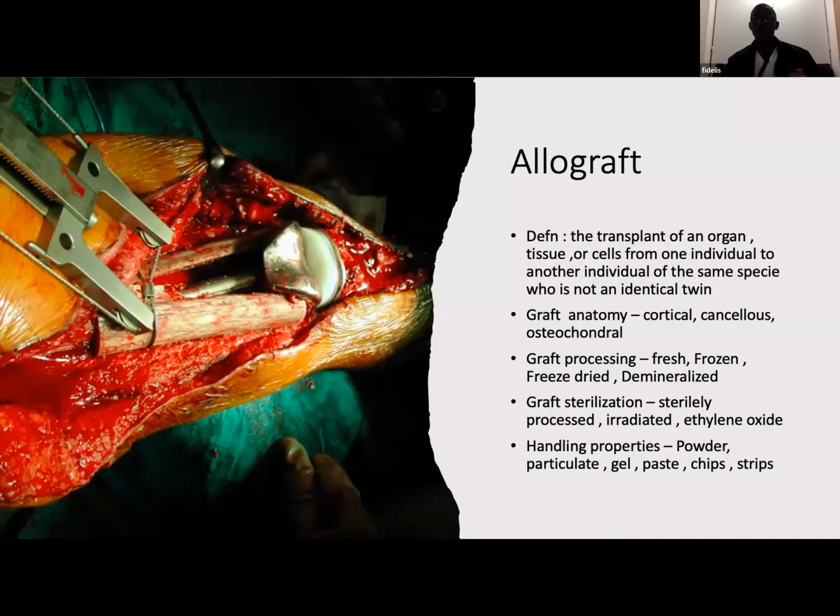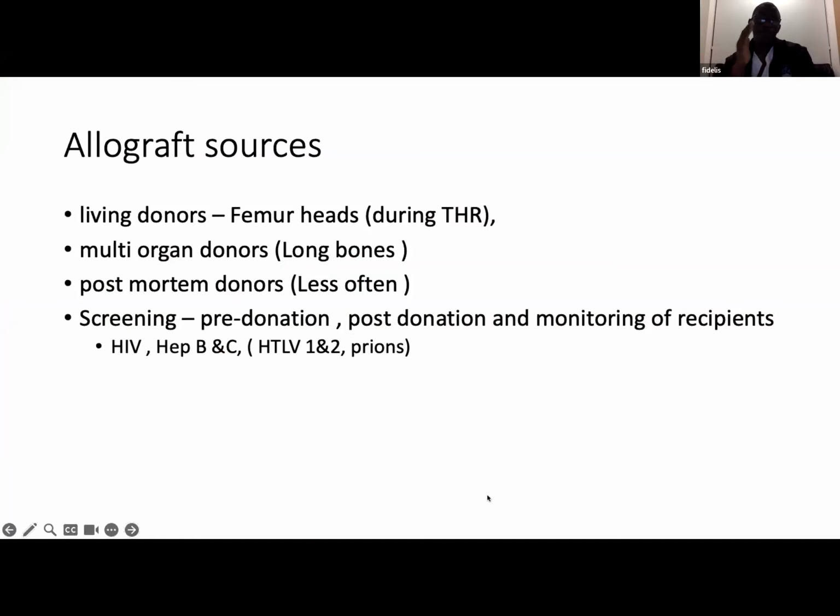And then the allografts also come in different packaging or handling properties. You do get them as powder, in particulate form, pastes, and chips, which is what you commonly get, and also strips sometimes in our local environment. And then in terms of allograft sources, this was mainly from a paper from the UK.